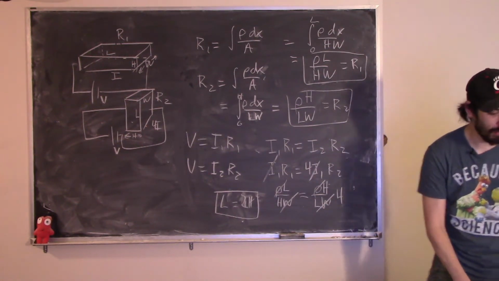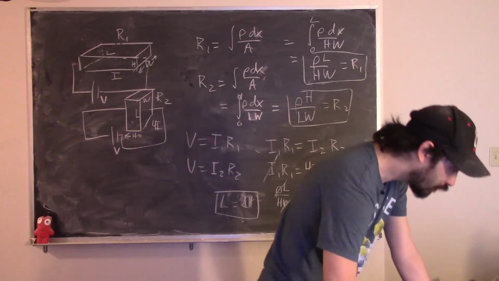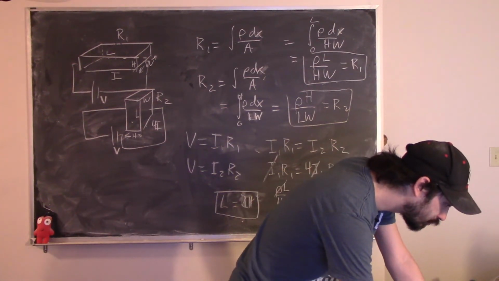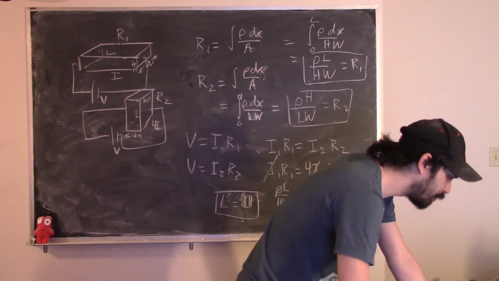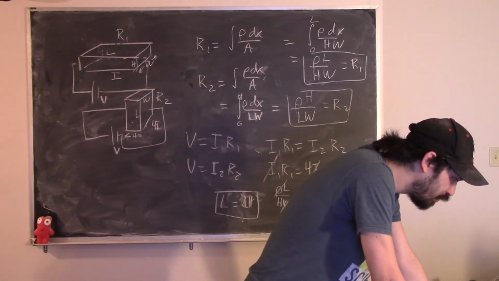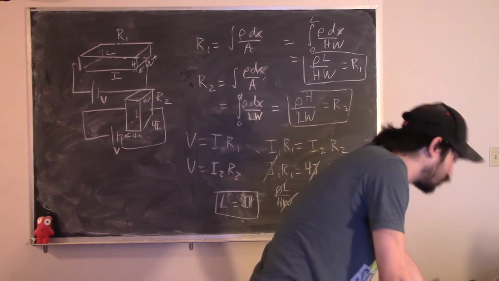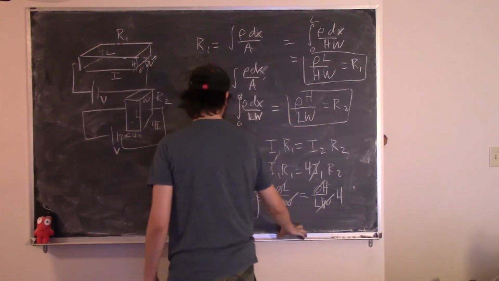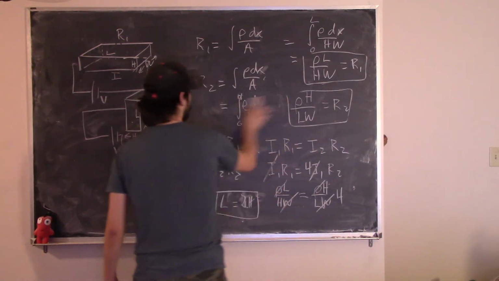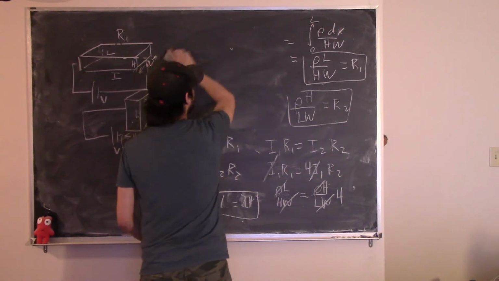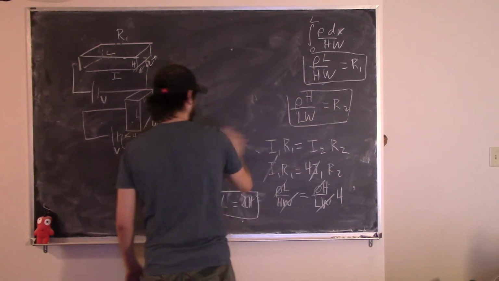Okay, so that was the first part of this one. The second part of this one says, if the two blocks are connected together as shown, so I want to keep my R1 and R2 because this is going to be important.